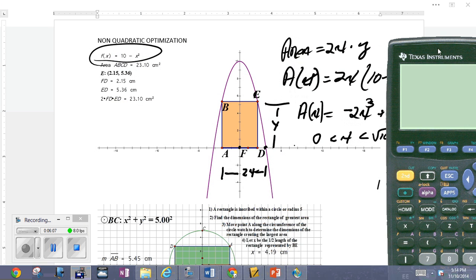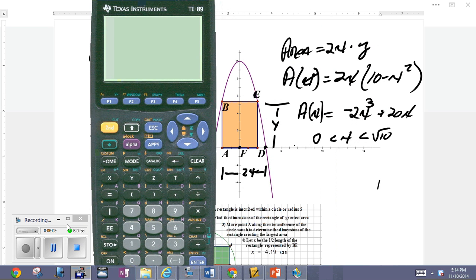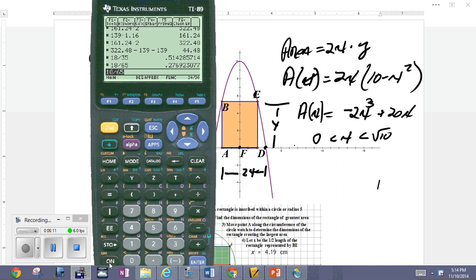I'm going to feed this function in, which is negative 2x cubed plus 20x, and we're going to take a look at that.